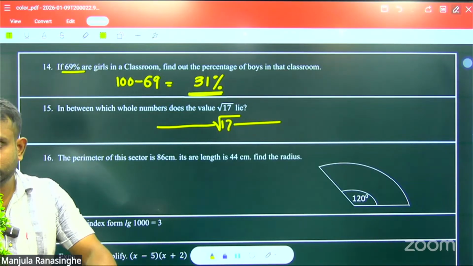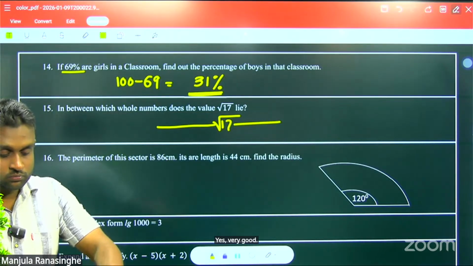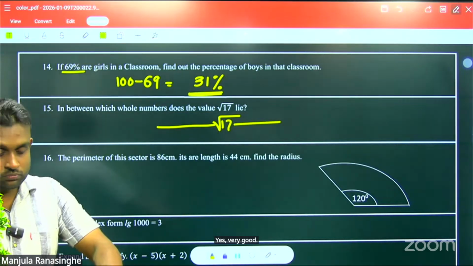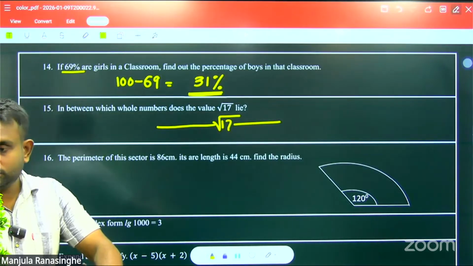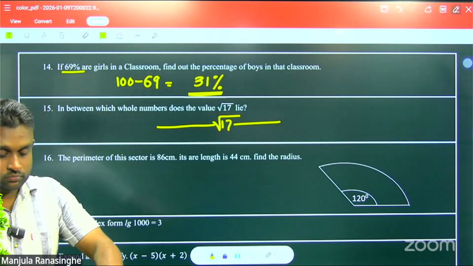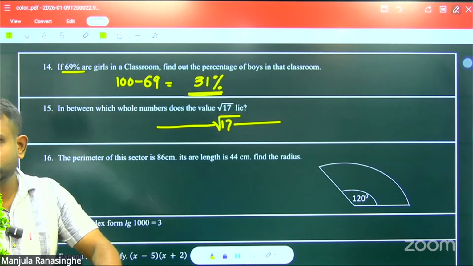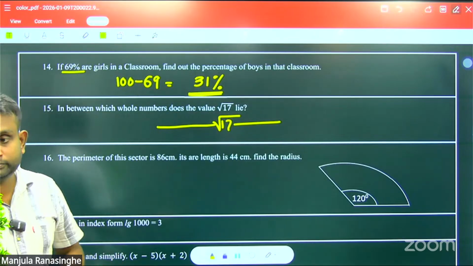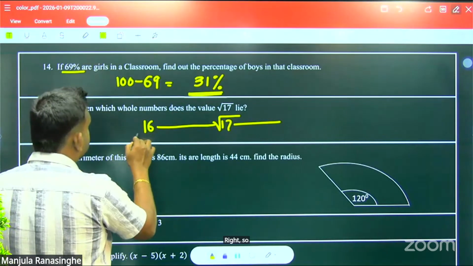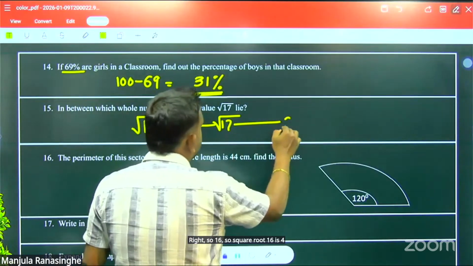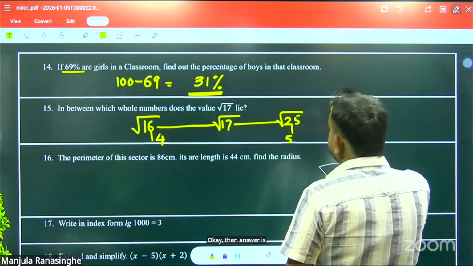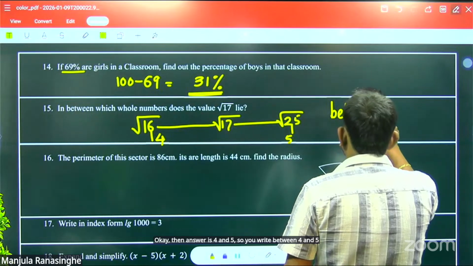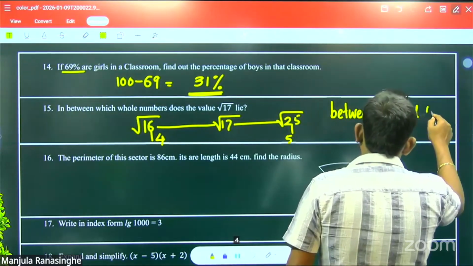So the square root of 16 is 4, and the upper is 25, the square root of 25 is 5. Then the answer is 4 and 5. So you write between 4 and 5.